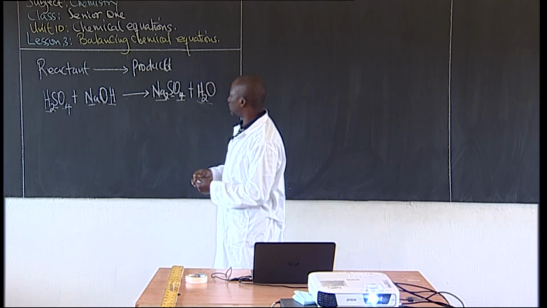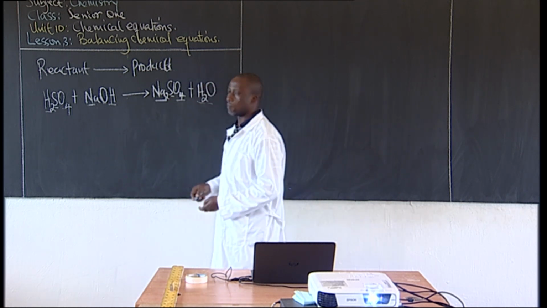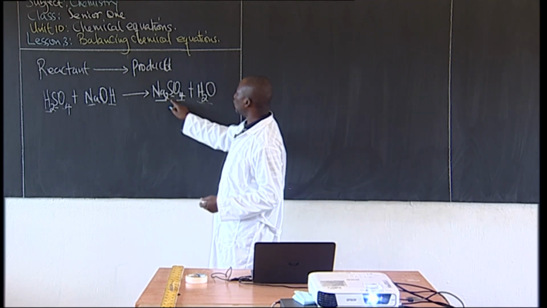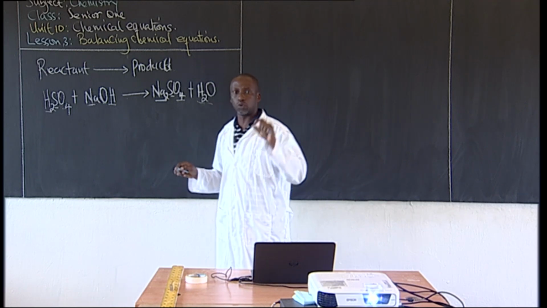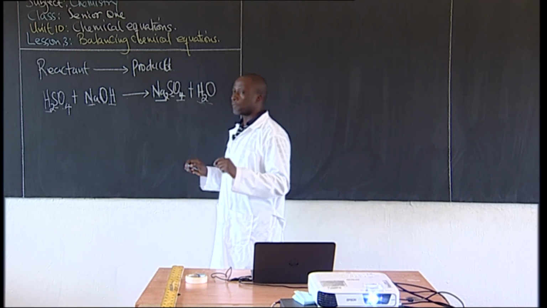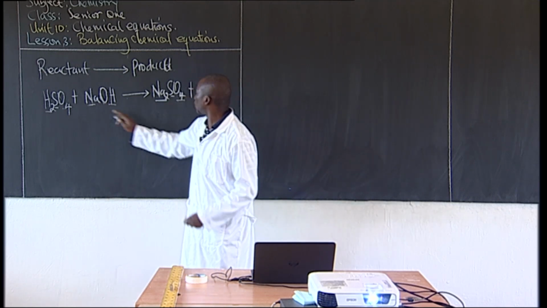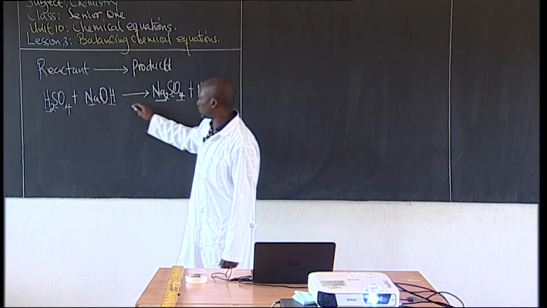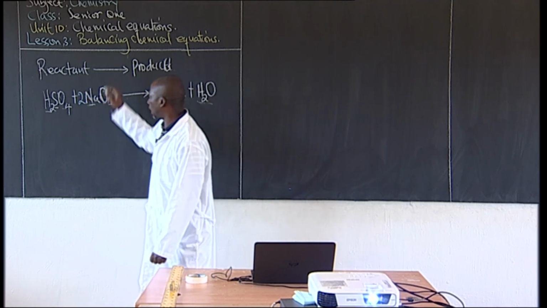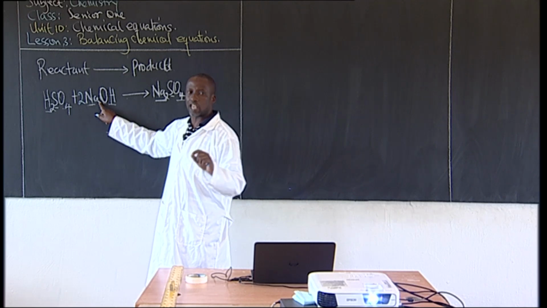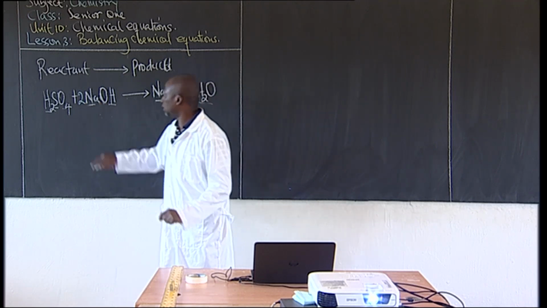When we look at this, these are two sodium atoms. When we are balancing, we are not going to write the figures. We need to write the figures in front of the formula. So to make this sodium 2, these are two atoms. So we have to write them here, not here. So these are coefficients that we are writing.